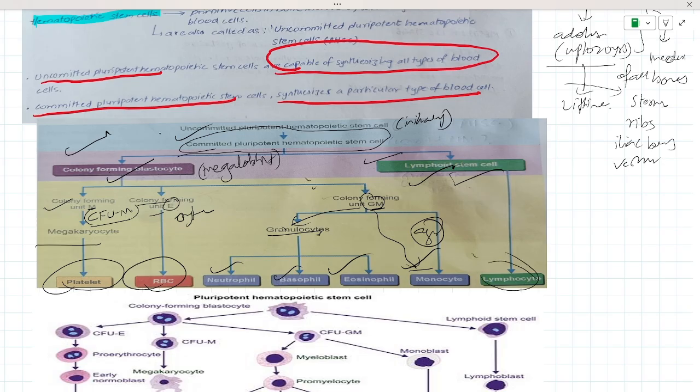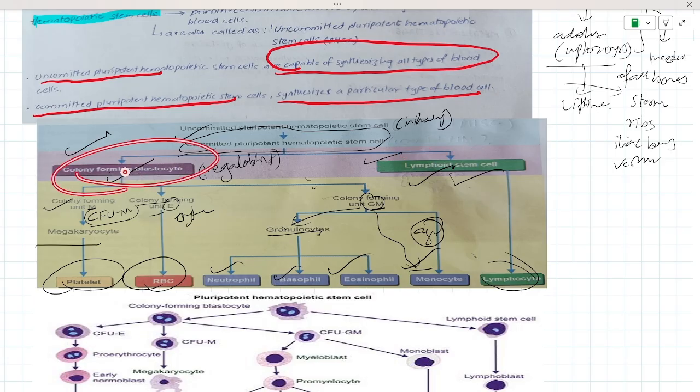So committed pluripotent hematopoietic stem cells synthesize two different types of stem cells, that is colony forming blastocyte and lymphoid stem cell.